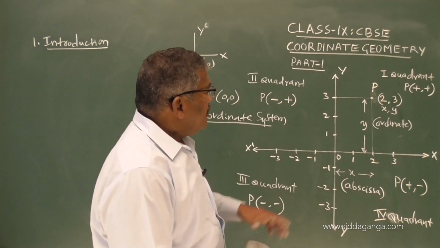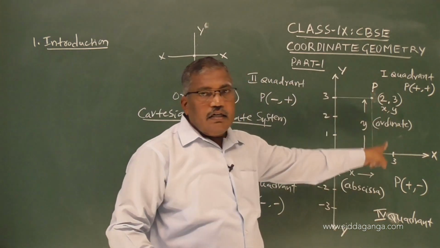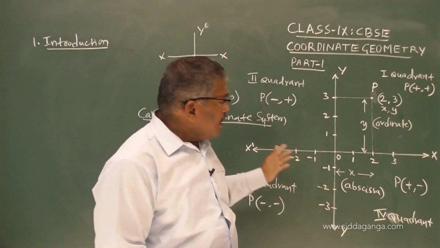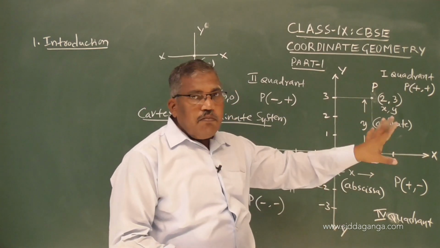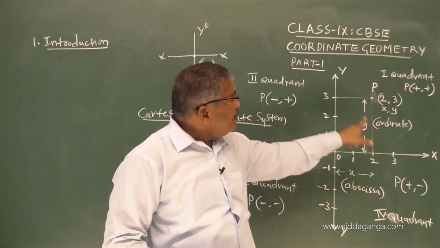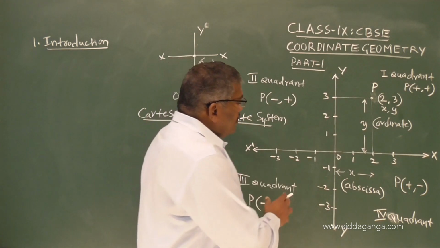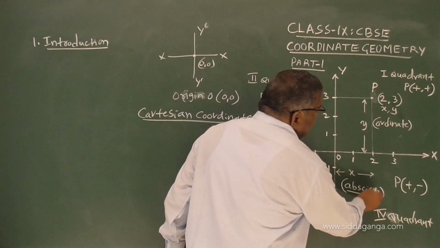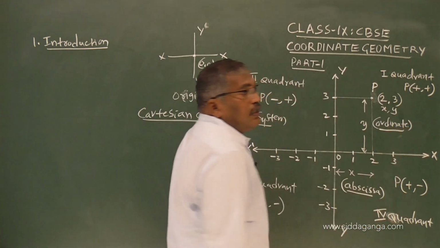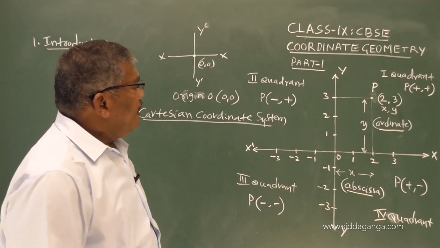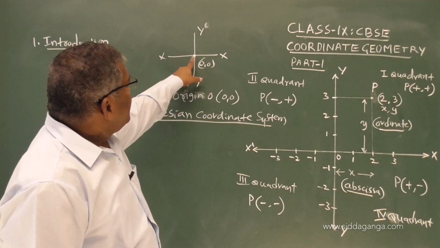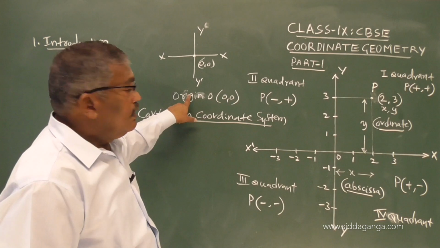X is the horizontal distance, y is the vertical distance. So the horizontal distance is known as abscissa, the vertical distance is known as ordinate, and the point of intersection of the axes is known as the origin.